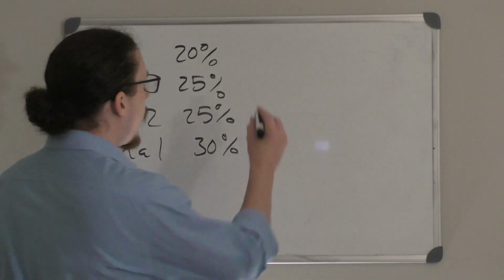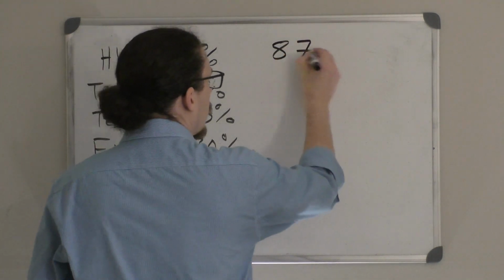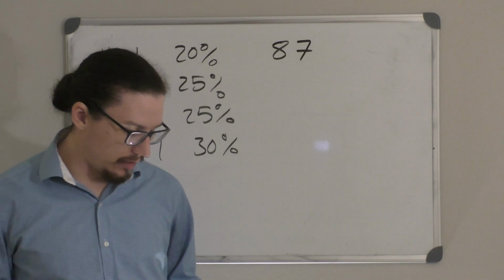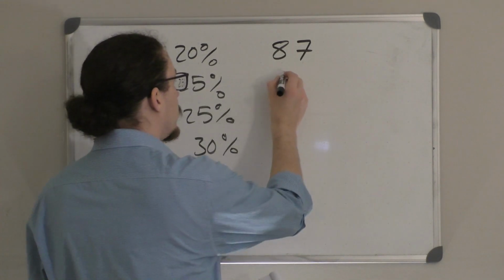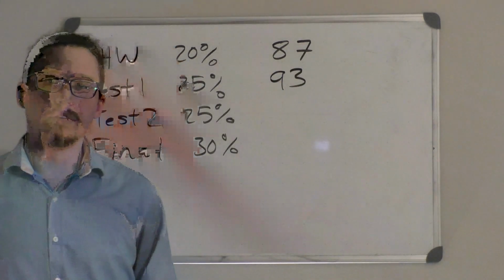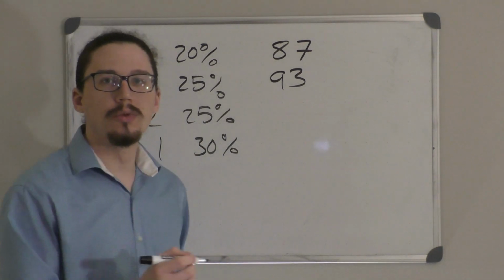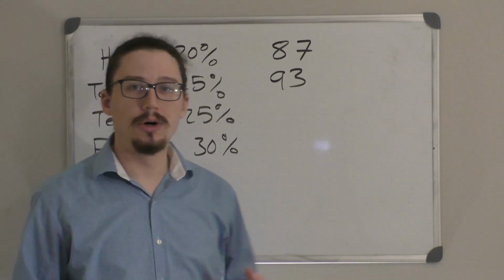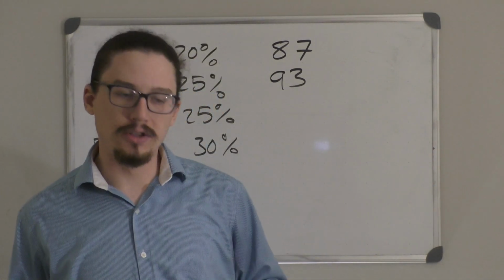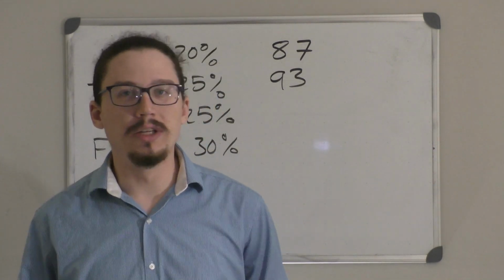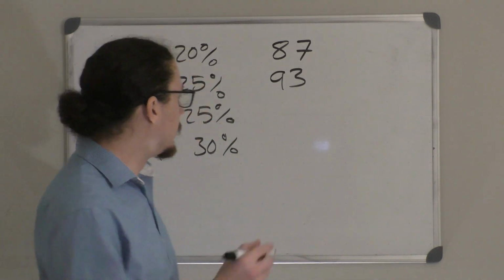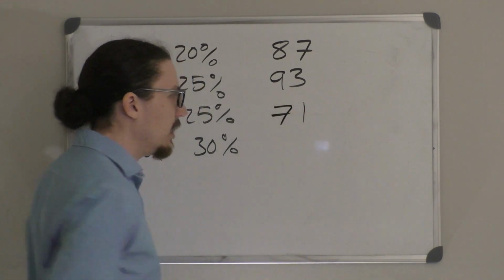So, let's say that for your homework average, you have an 87. For your first test, you got a 93, congratulations. Then for test 2, maybe you felt really confident about test 1, so you did well on it and you're feeling confident in the course.